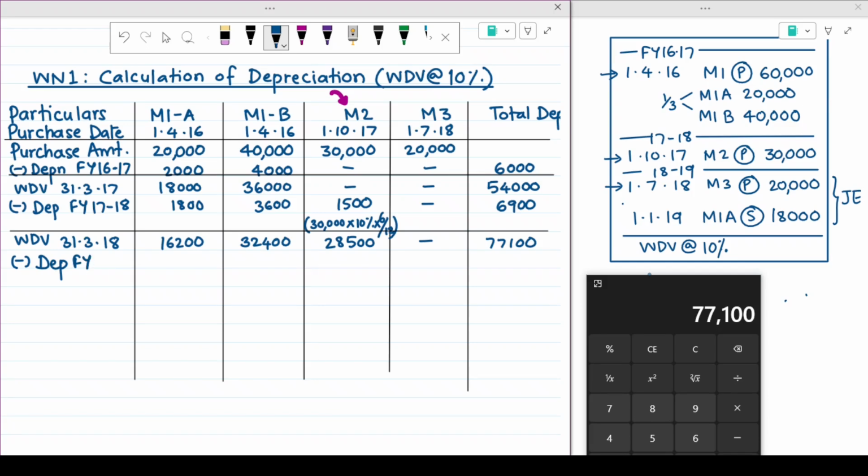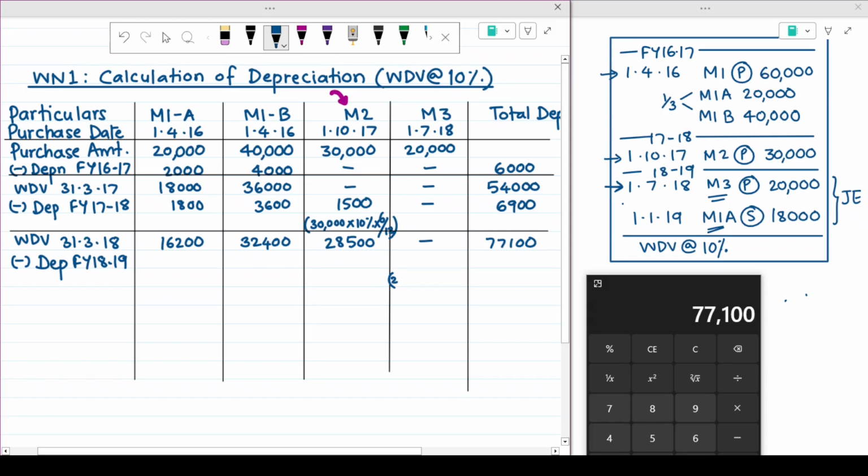So this is last year 18/19. We have purchased machinery 3 and sold machinery 1, right? So for the third machinery, we will need the working as the machinery was purchased in between the year, that is on 1st July.